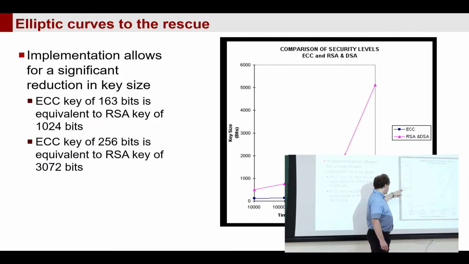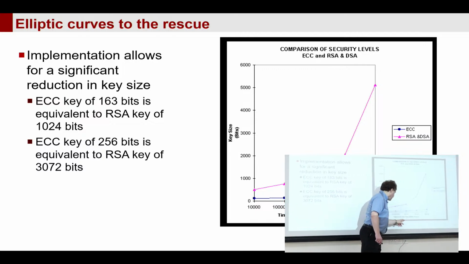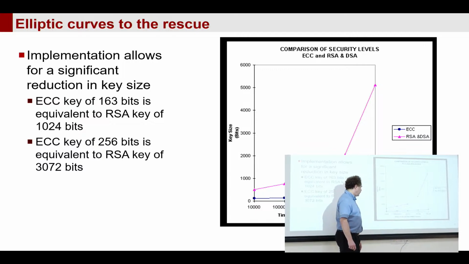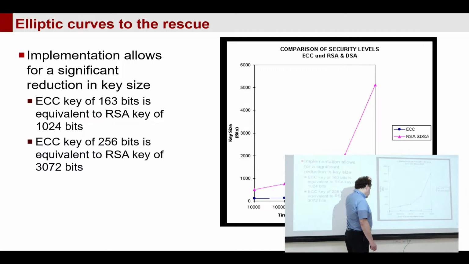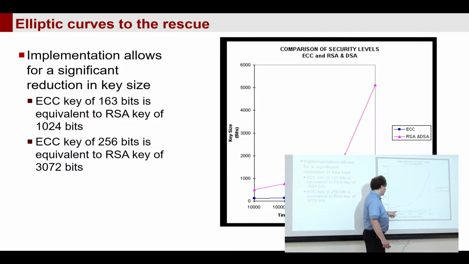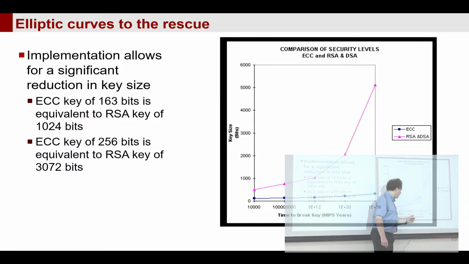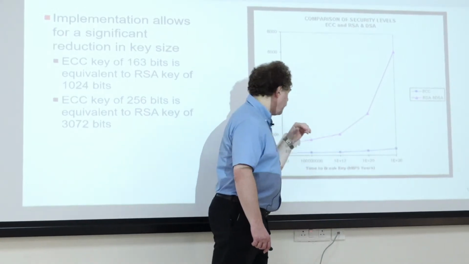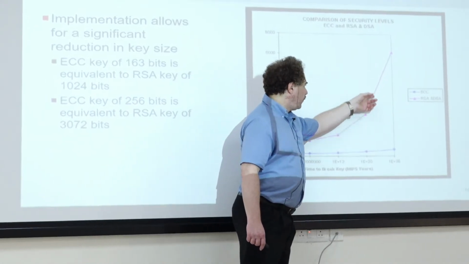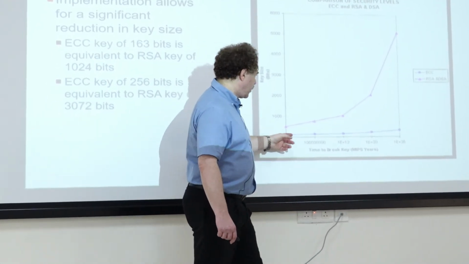So here we see that that's the key size, and on the x-axis we have, in terms of years of operations. You can see that if you want to achieve significant security, or increase the time to break the key significantly, then the curve for RSA is much worse than the curve for ECC.